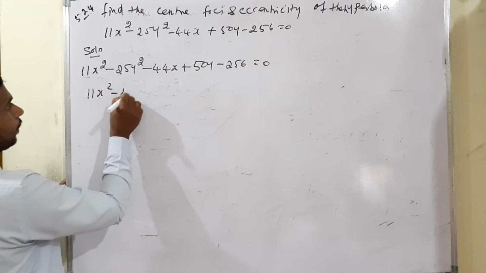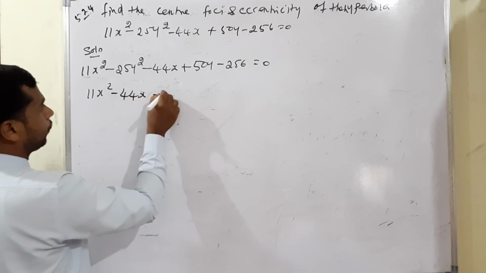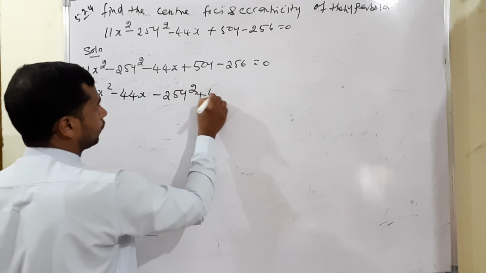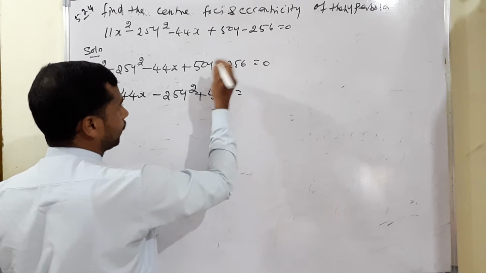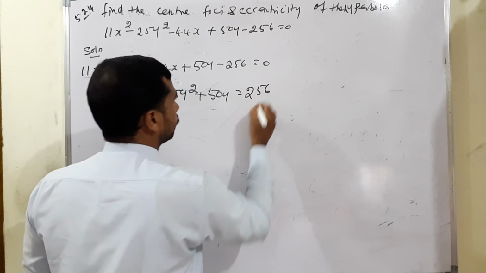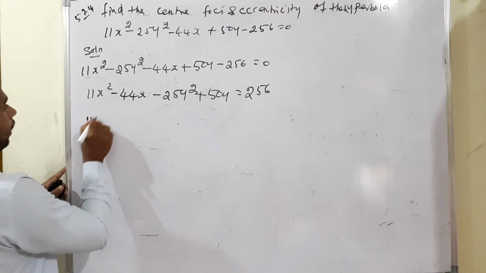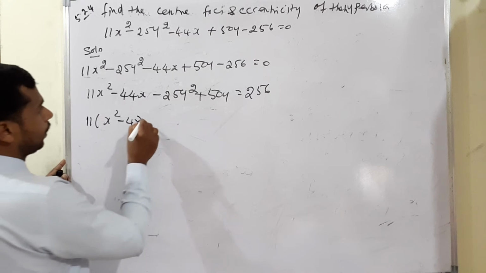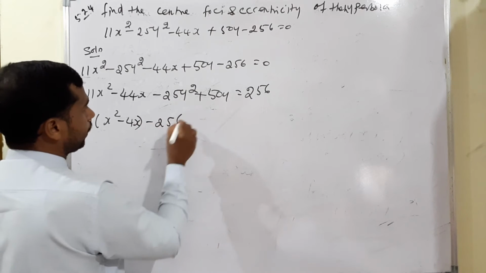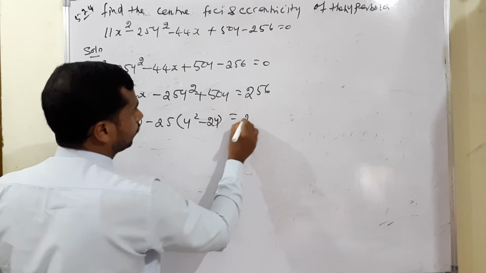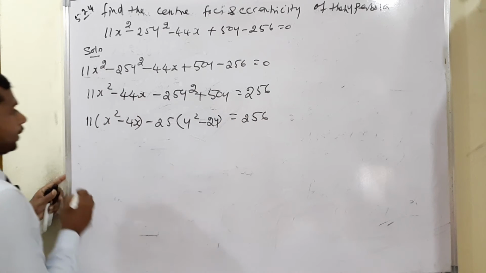So 11x square minus 44x minus 25y square plus 50y is equal to negative 256. Bring to the opposite side means positive 256. Again 11 take common outside means x square minus 4x. Then minus 25 take common outside means y square minus 2y is equal to positive 256.